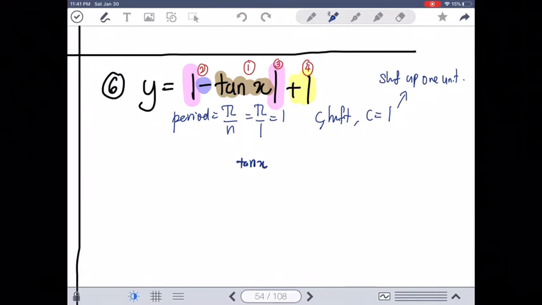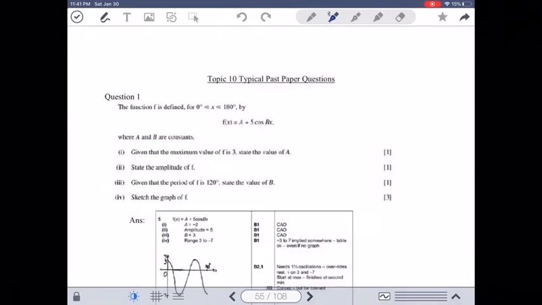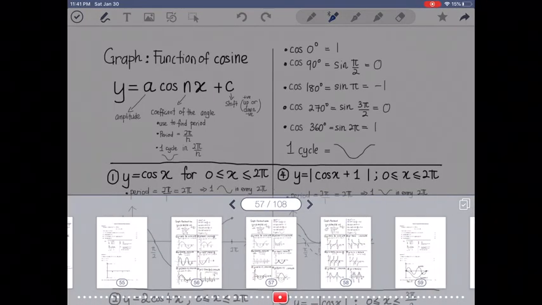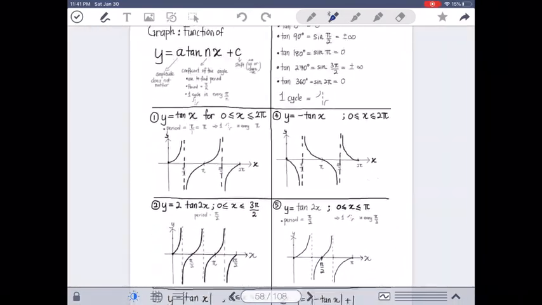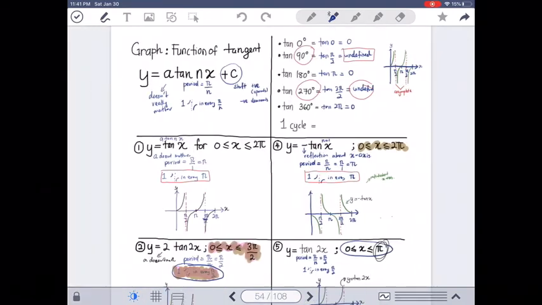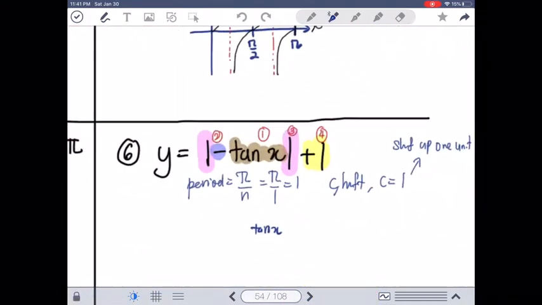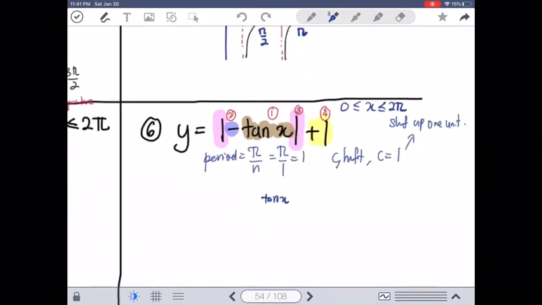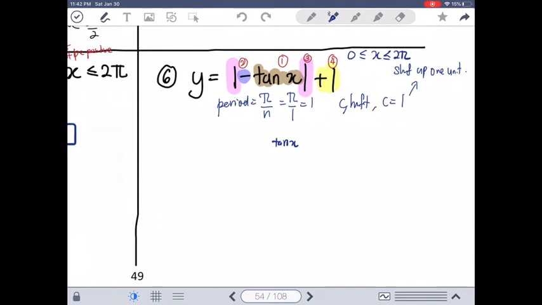I didn't have the range there, but maybe we can consider a range from 0 until, let's make it 2 pi. So first we draw tan x.